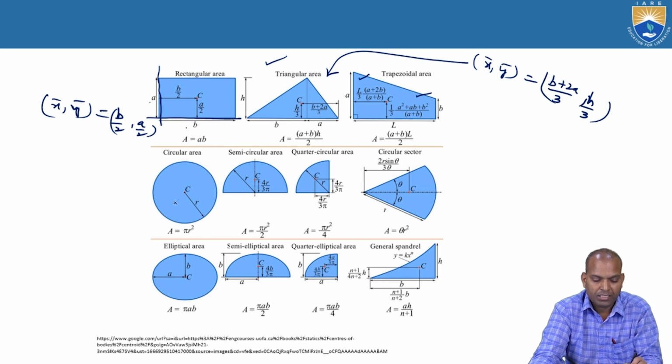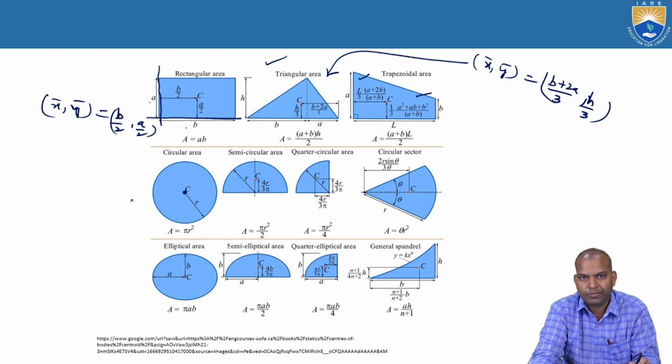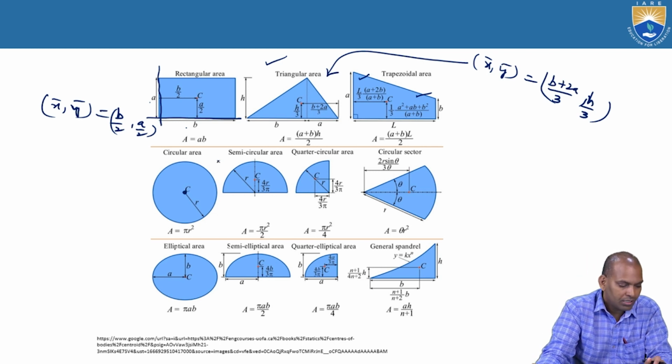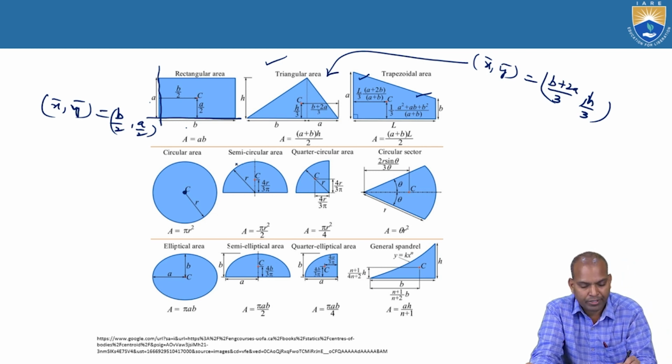The circle passing through the centroid has x bar and y bar 0, 0, provided the reference axes pass through the centroid. And here it is the semicircular area. For the semicircle, if the reference axis is x here and y here, x bar equals r. What about y bar? That is 4r by 3 pi.